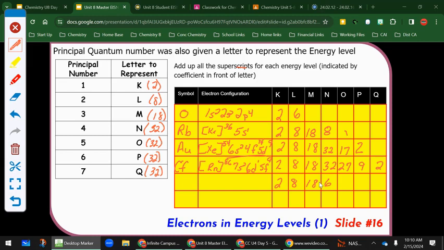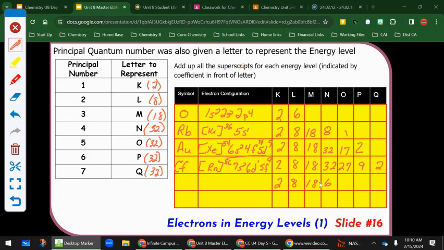Okay, so start by writing what you've got right next to argon. 2, 8, 8. Okay, so now you would add 2 in the fourth energy level.